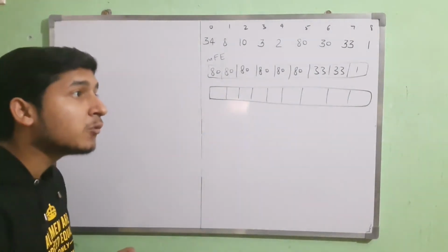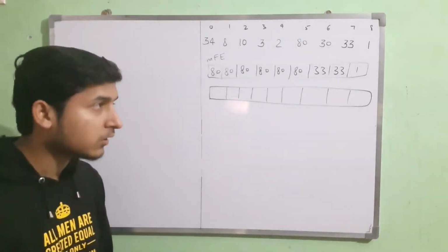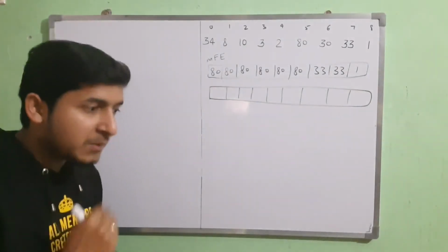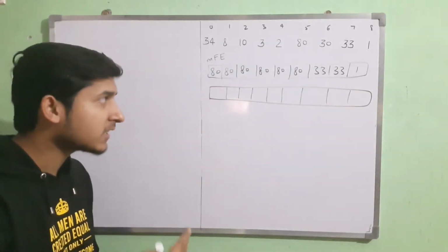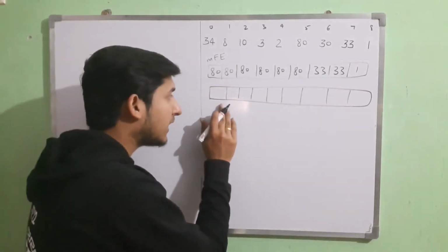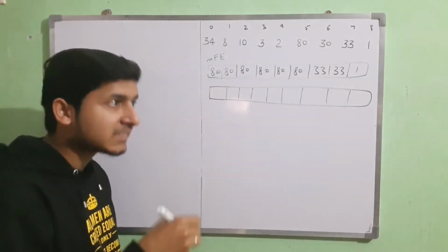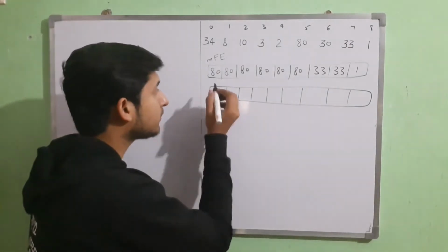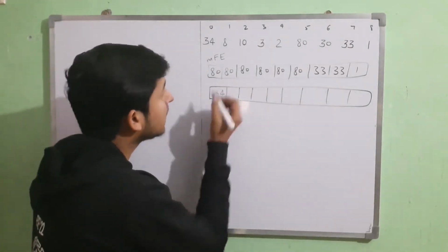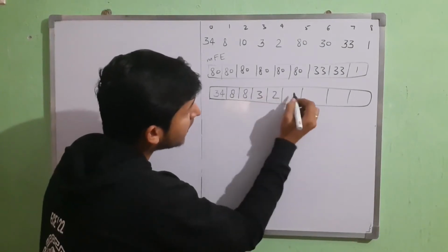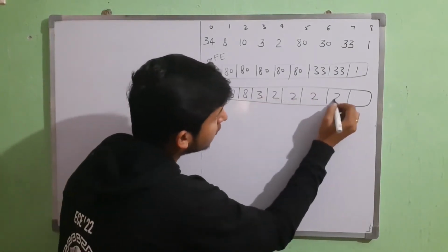Now why will I move ahead? Because the i at the current position is too big to satisfy the condition. So I will move ahead in order to reduce the value at index i. So 34 here, then 8 here, 8 here, 3 here, 2 here, 2, 2, 2 and 1.